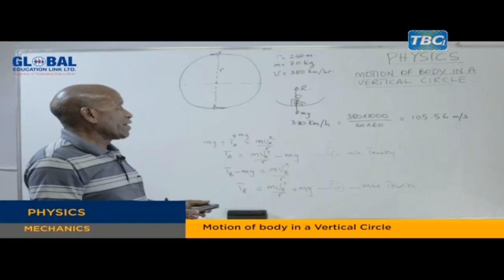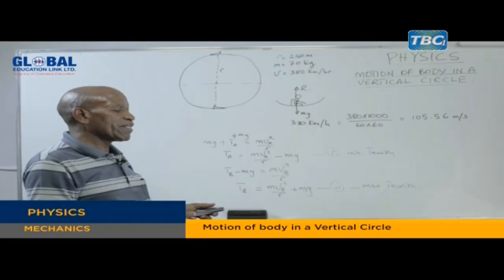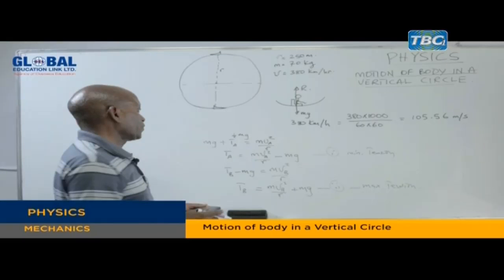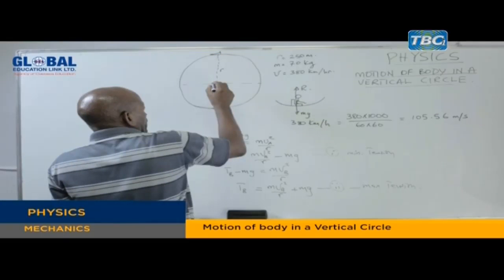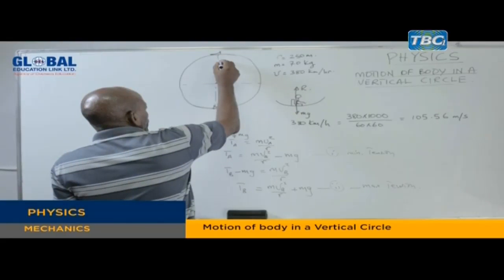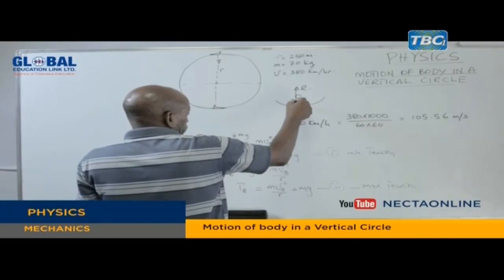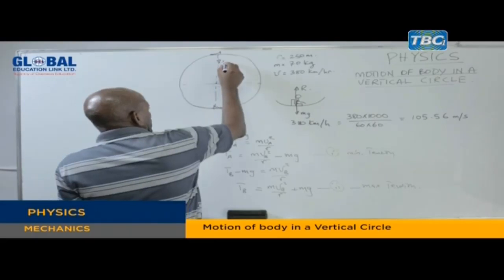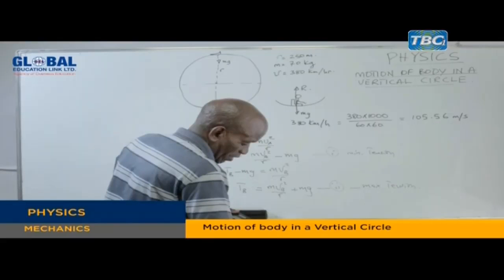And then we are asked to determine the force exerted by a seat on a pilot at the top and at the bottom. So let us start at the top. At the top, we all know that the weight of this particular pilot is equal to mg, acting downward, but the reaction force, remember, it's looping a loop, so it'll be like his head pointing downward.